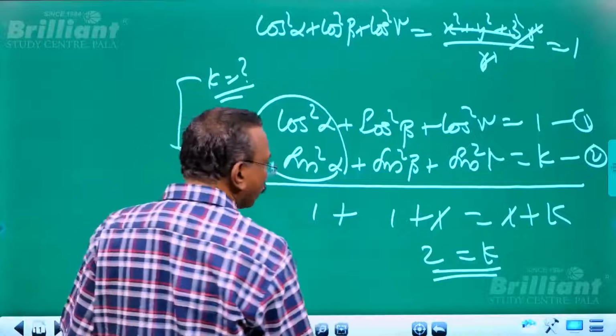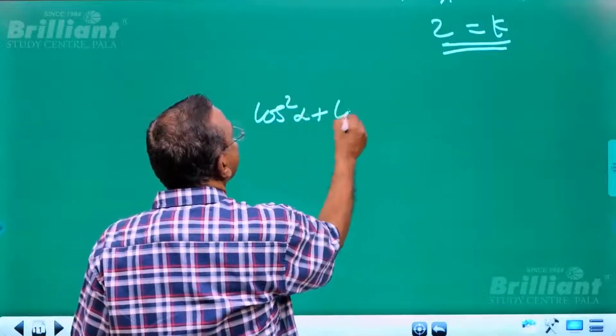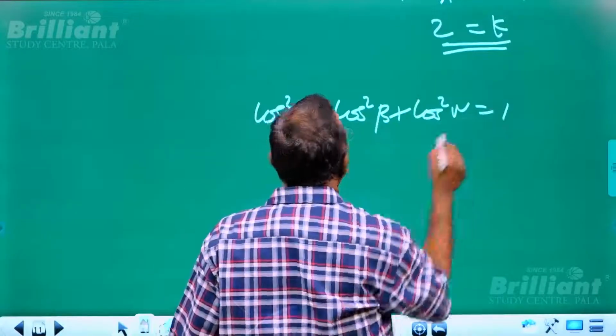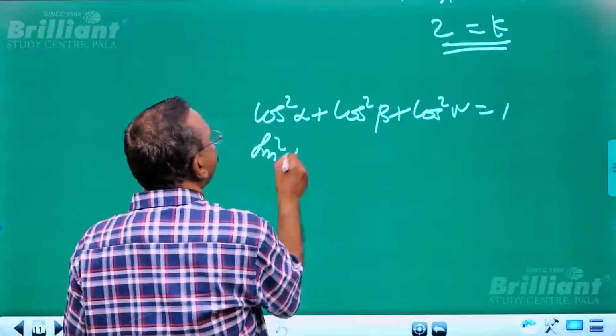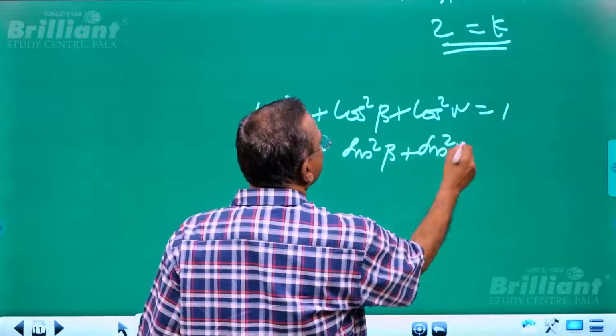There is one more interesting result in that pattern. Look here, cos square alpha plus cos square beta plus cos square gamma is equal to 1. Now you got that sine square alpha plus sine square beta plus sine square gamma is 2.